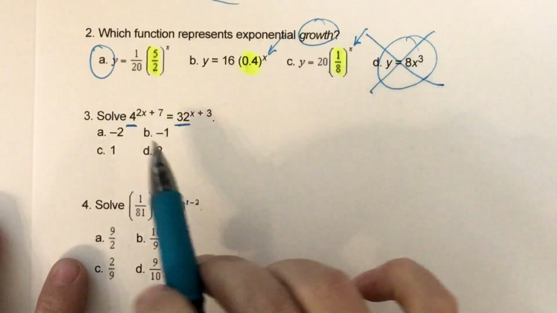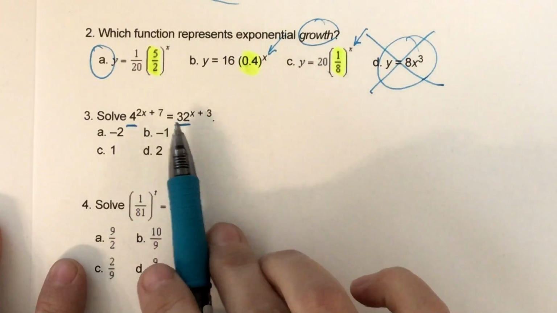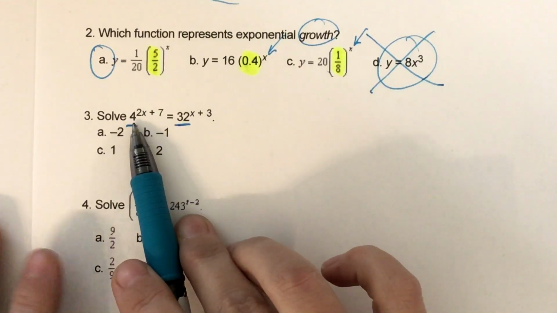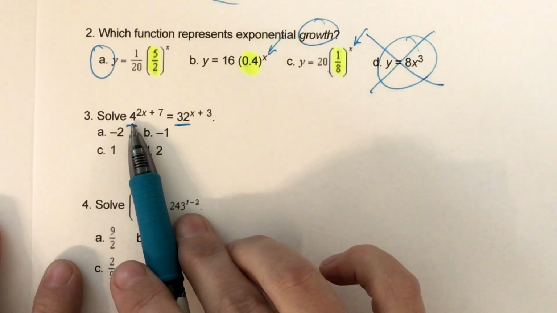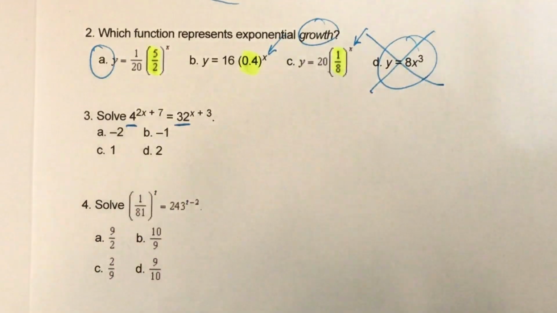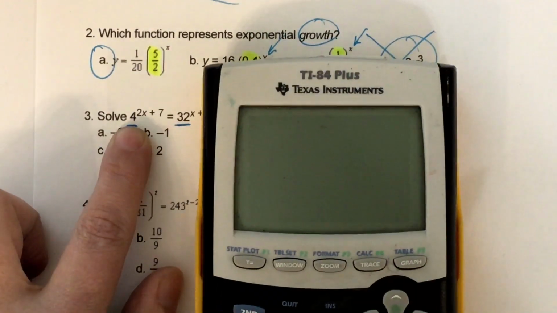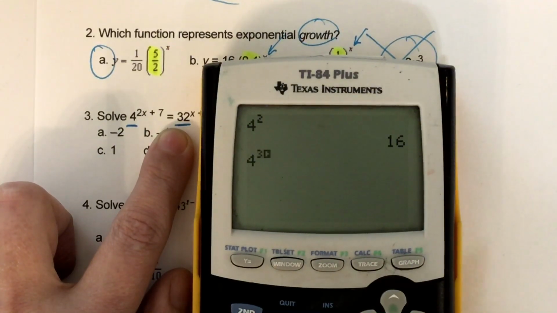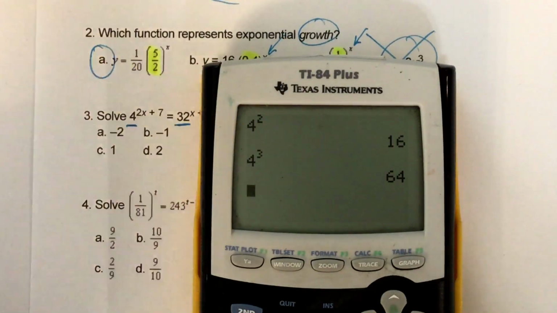So we have to think about whether I could raise 4 to a power to make 32, or if I could change this to a 2 and raise 2 to a power to get 4, and could I raise 2 to a power to get 32? If you don't really know, you could start playing around. You could try the 4 and see if you could get a 32 out of it. 4 squared, no. 4 cubed, okay, too big. So the 4 is not going to work.